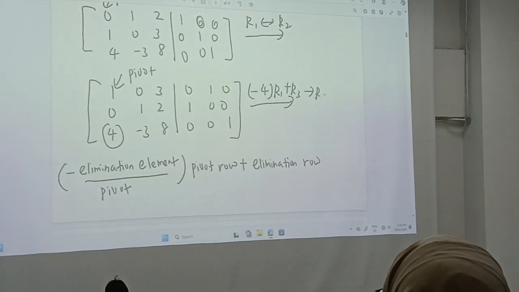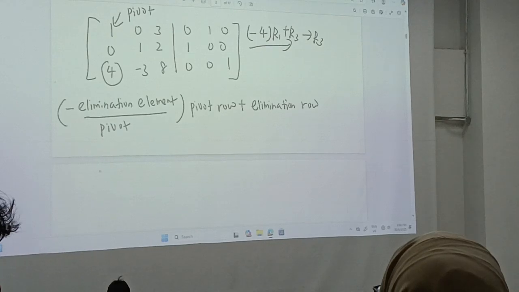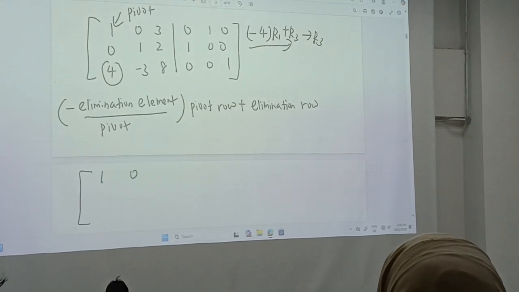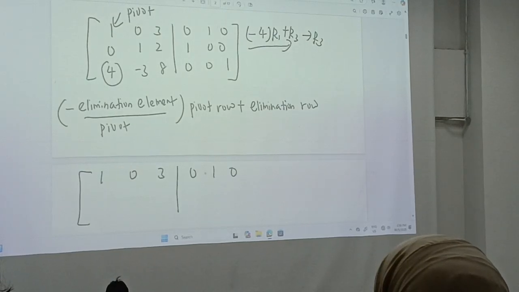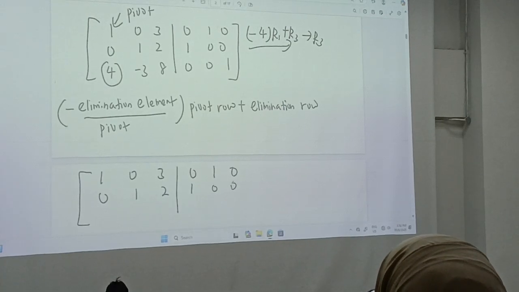Produce a new R3, right? So as a result, 4 will turn to 0. So the rest of the row remain unchanged. Row number 1 and number 2 remain unchanged. Just copy down.